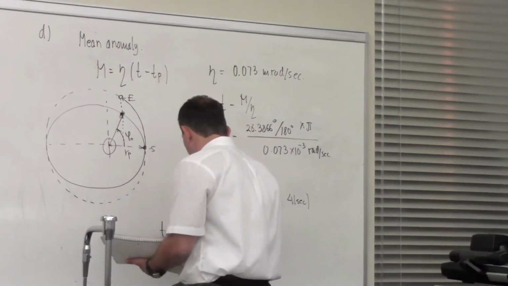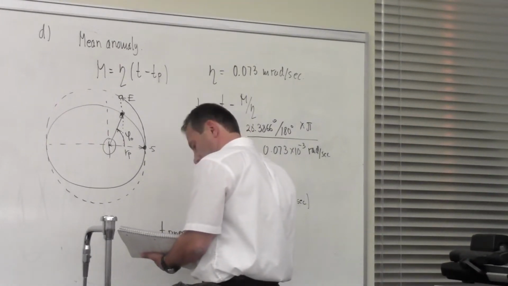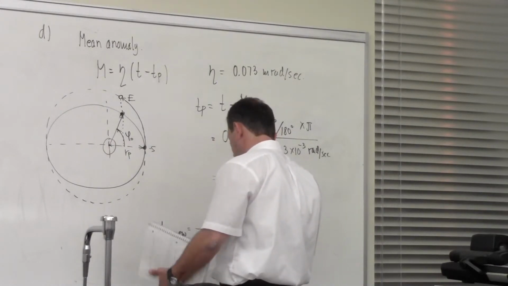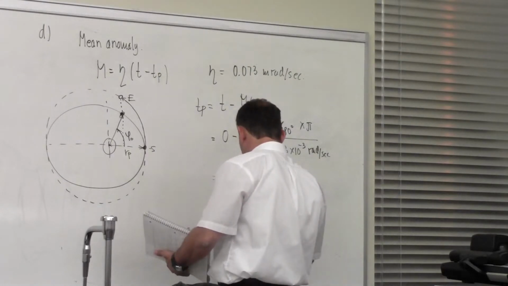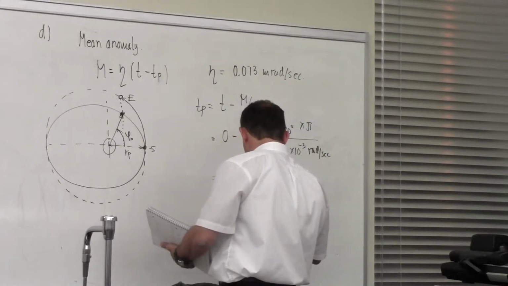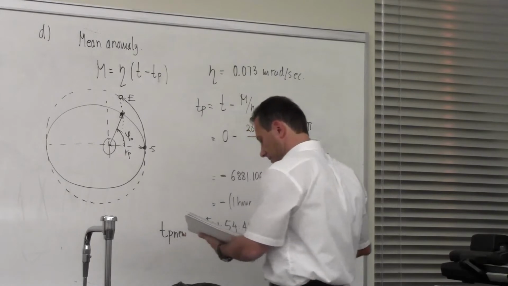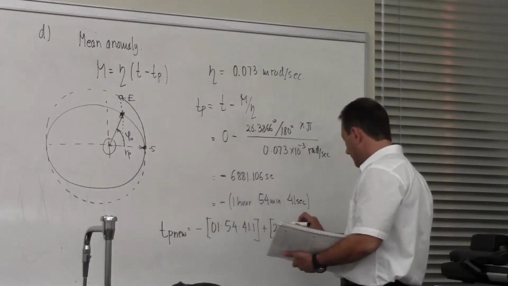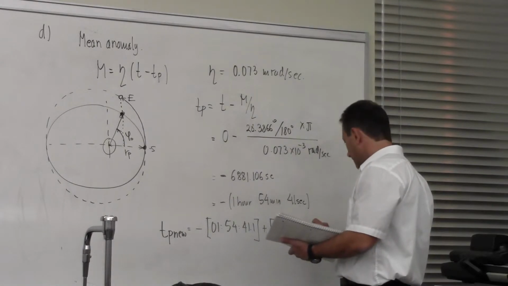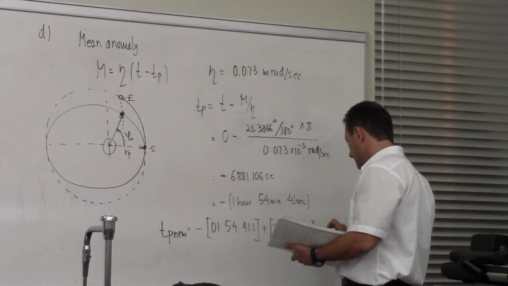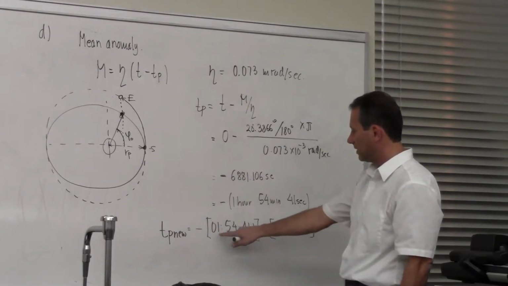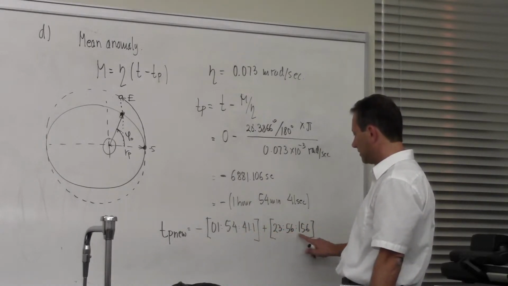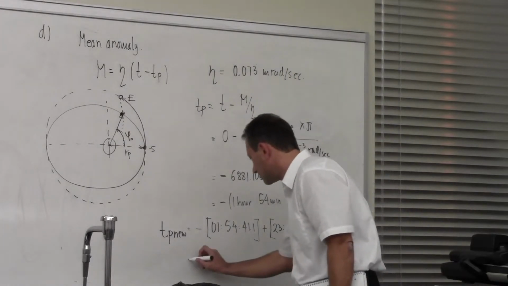So I call this T perigee next, and it is minus 1 hour, 54 minutes, 41 seconds, plus 23 hours, 56 minutes, 15.6 seconds.